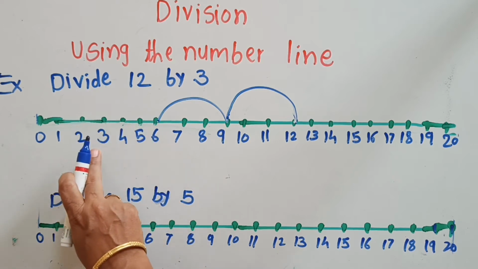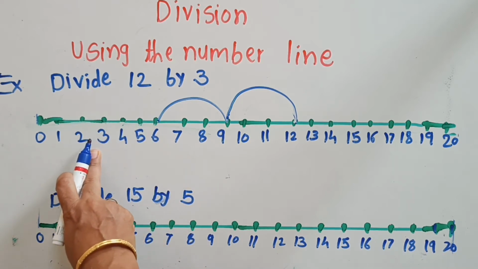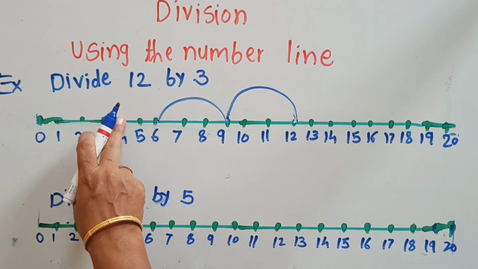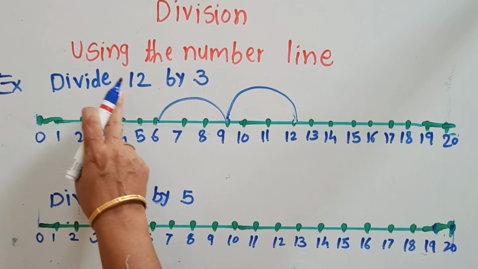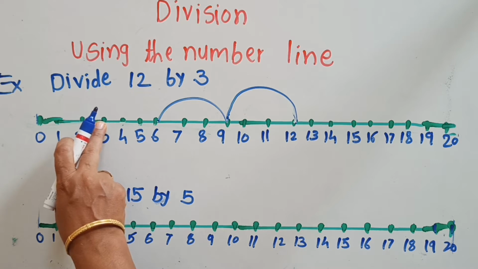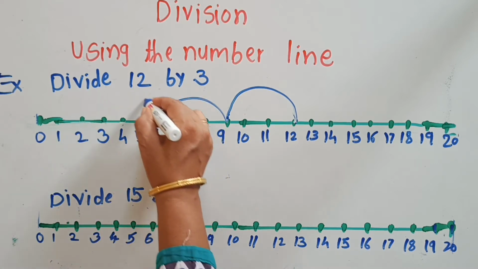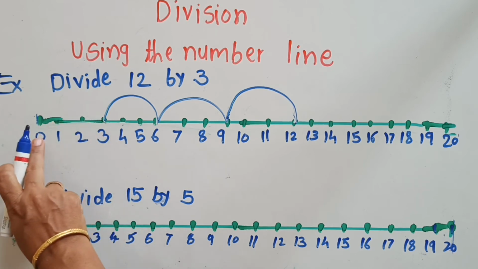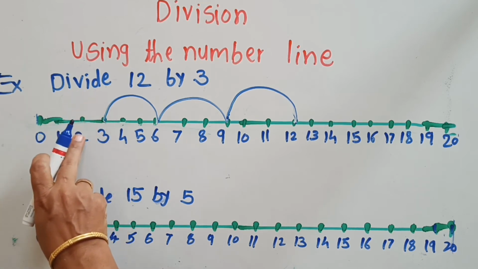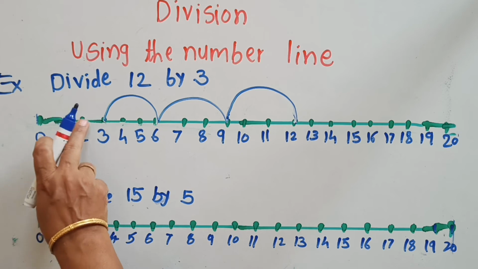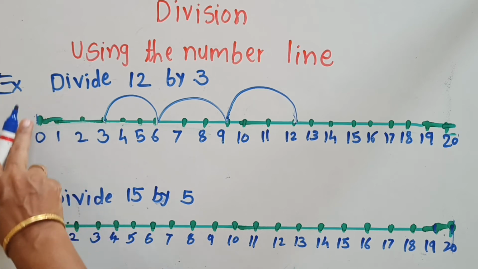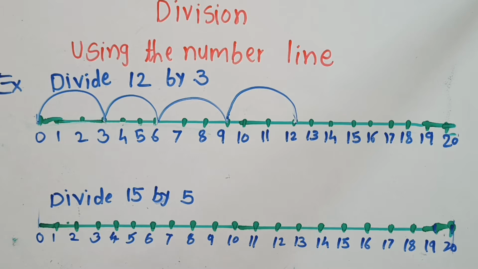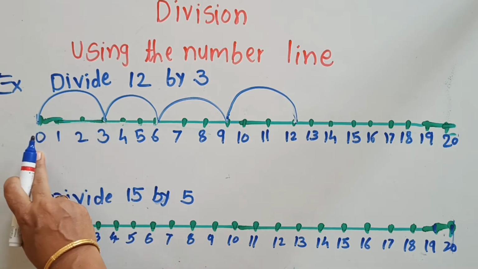Again 3 steps backward: from 6 to 5, 5 to 4, and 4 to 3. So here is the third step. And from 3 to 0: 1, 2, 3. Now see, we reach 0.